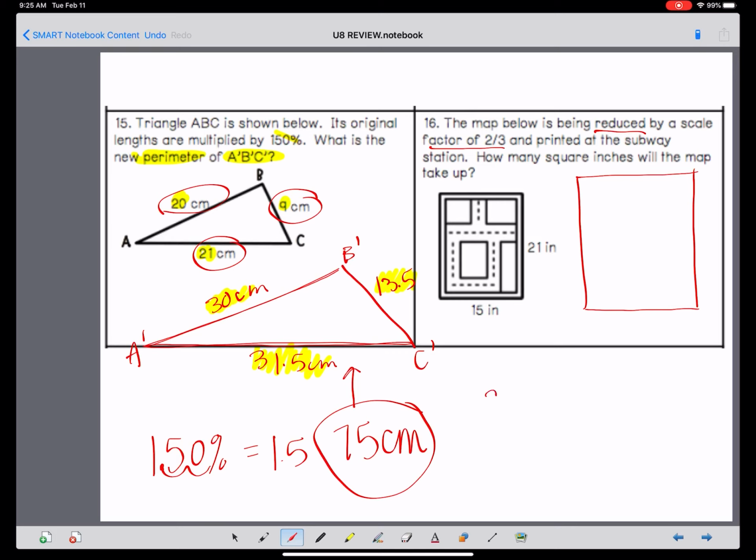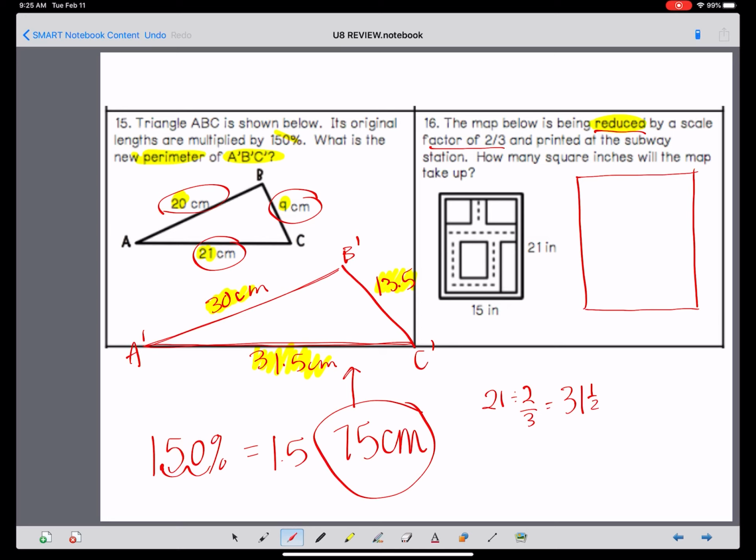I'm going to type in 21 divided by 2/3, and let's see what I get. 21 divided by 2/3 gives me 31.5. Now, the instruction says that they are reducing the side length.